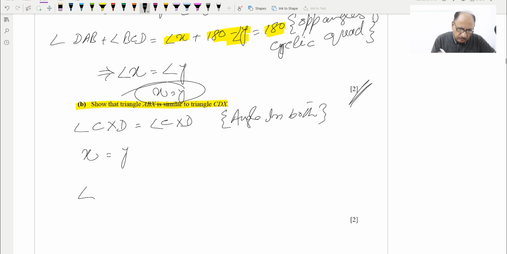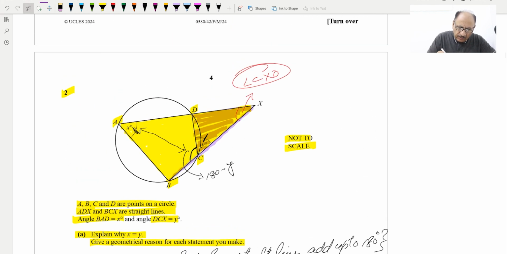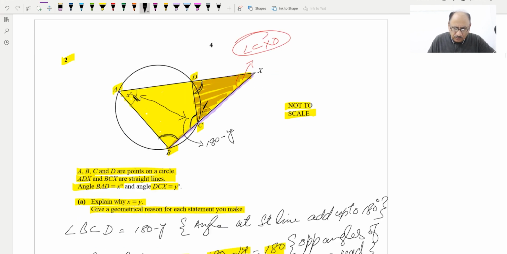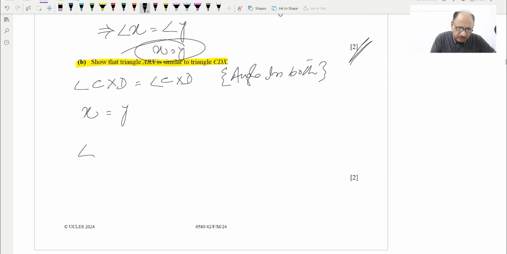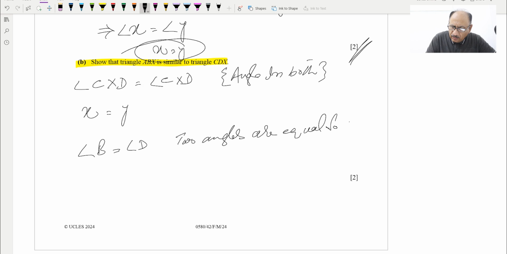And angle B is this one. Angle B will be equal to angle D. Two angles are equal, so the third angle will also be equal. Angle B is equal to angle D. So we can write the reason: two angles are equal, so the third angle will also be equal.